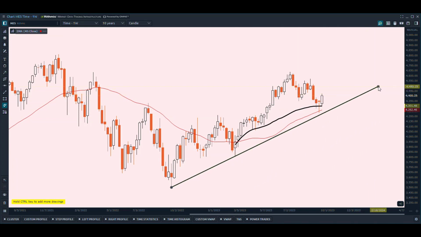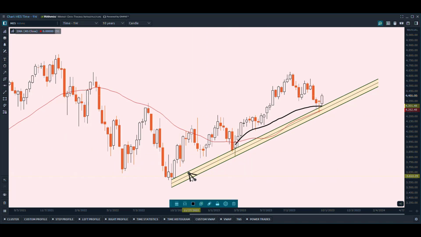As mentioned in a previous video, we want to really use not only the wick to wick, but the body to body trend line. The width of this trend zone takes into account the wick to wick. We're connecting the wicks here, and then we're also connecting the bodies. And instead of just having two separate lines, now we have essentially a zone that people can look at.